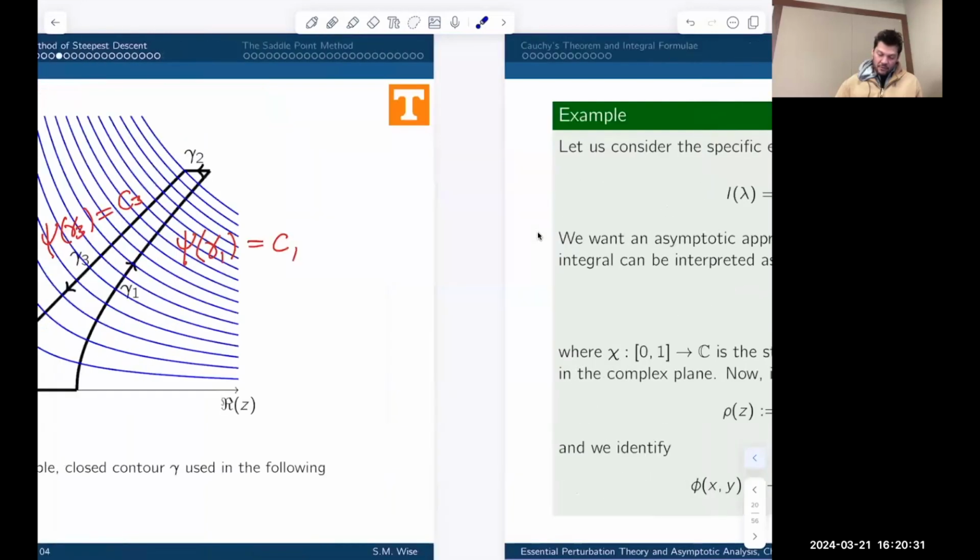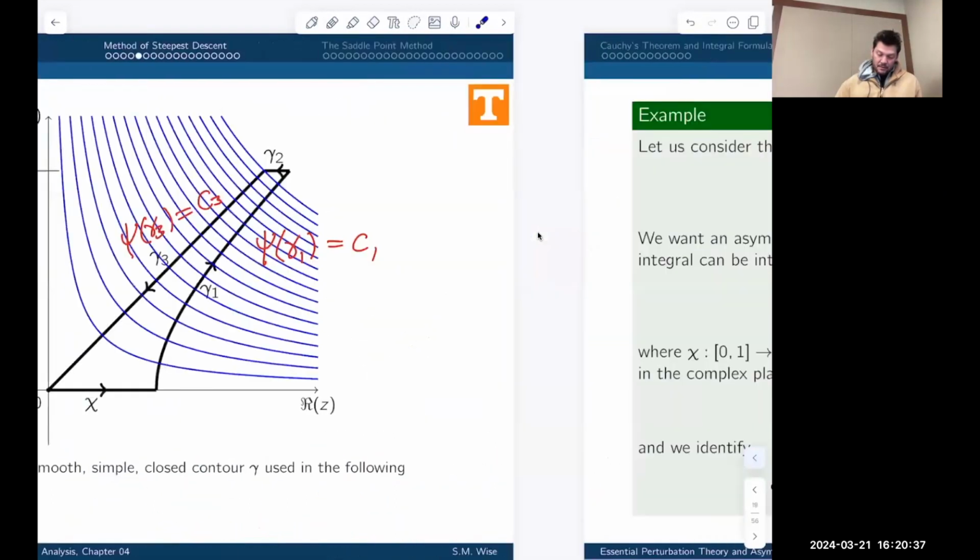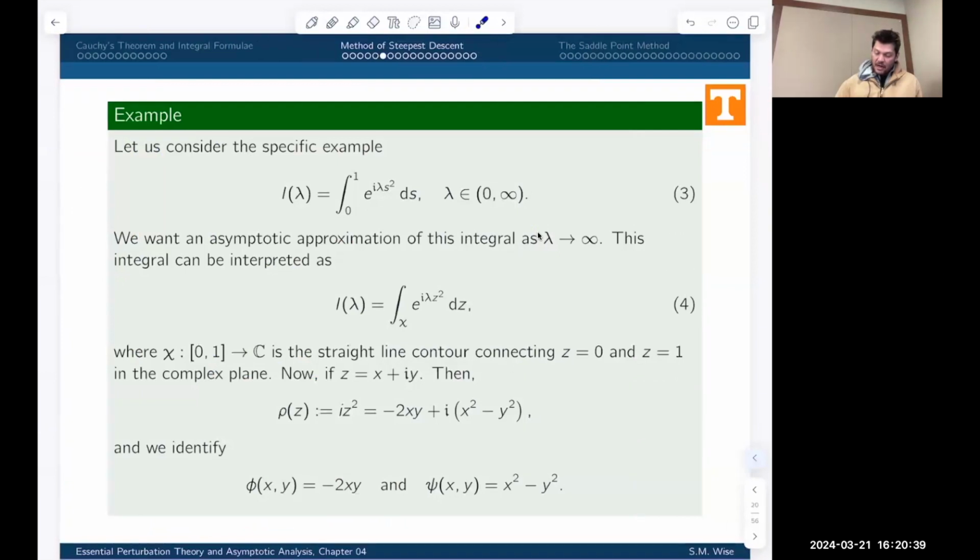So remember what our form was. This is lambda times rho z. So rho z should be for us i times z squared. So that's the function that we need to analyze and understand.